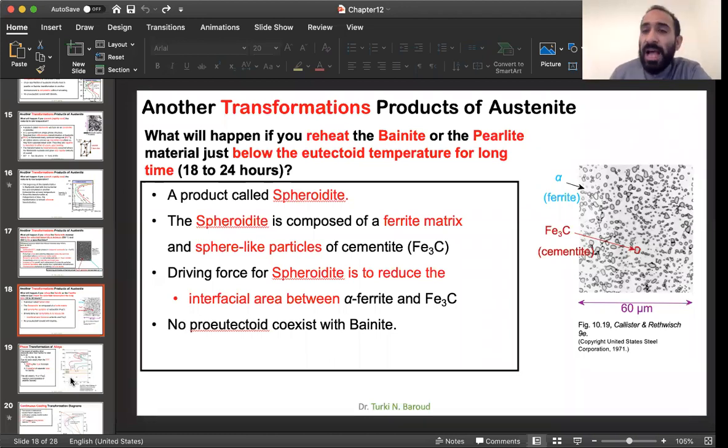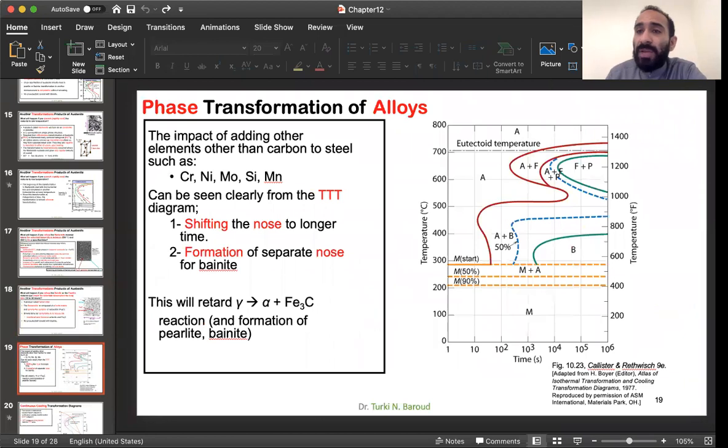Well, let's look at how the TTT diagram looks. Okay, wonderful. So this is how the modified TTT diagram looks if we add other elements such as chromium, nickel, molybdenum, silicon, and others.